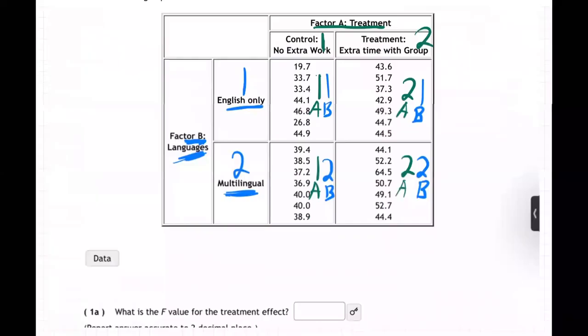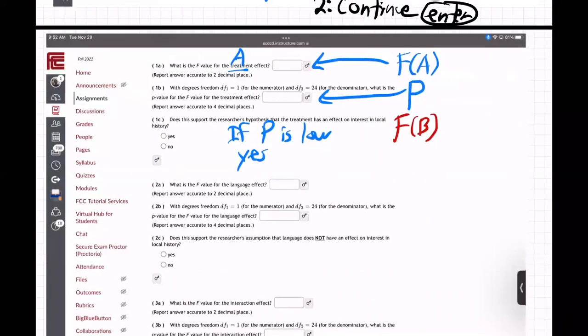So in my case, it's below 0.02. Yours might be different. So if the P is less than 0.02 in my case, then it'll be yes, meaning that thing affects it. And A is the group, spending time with the group. Does that help them with the math class or the history class or the whatever?